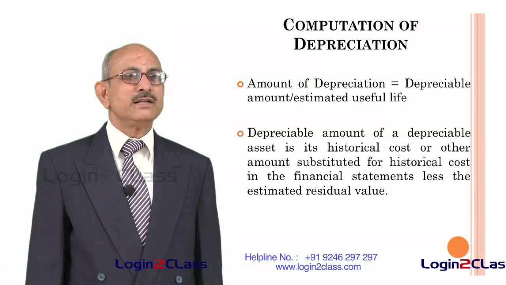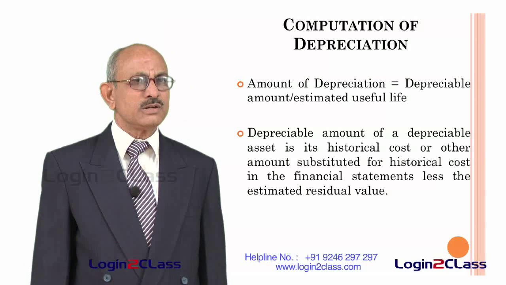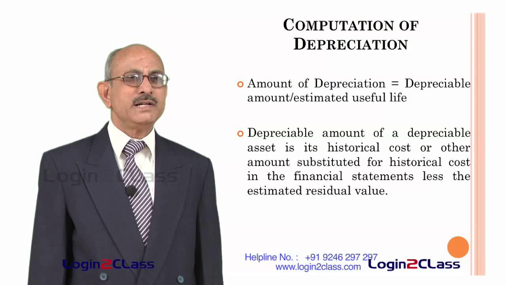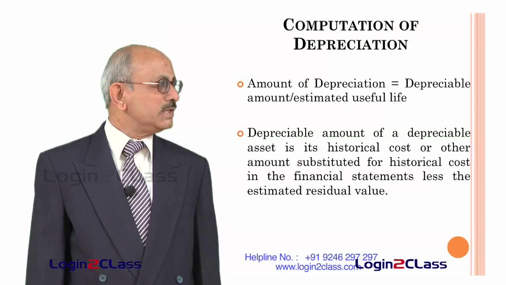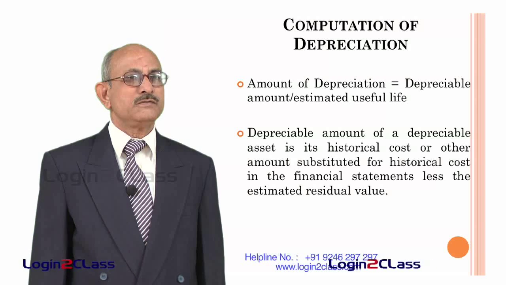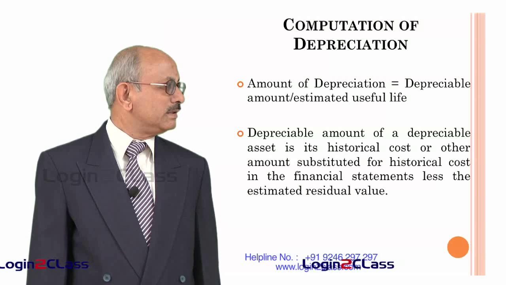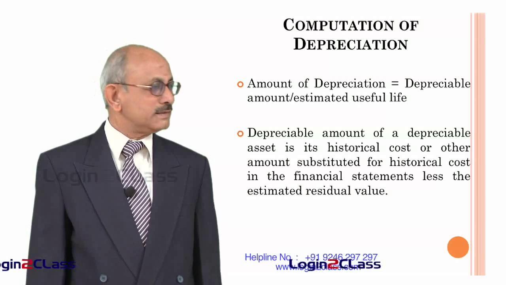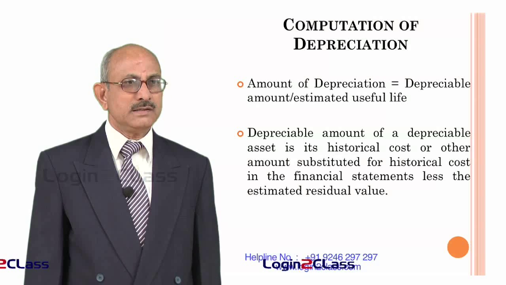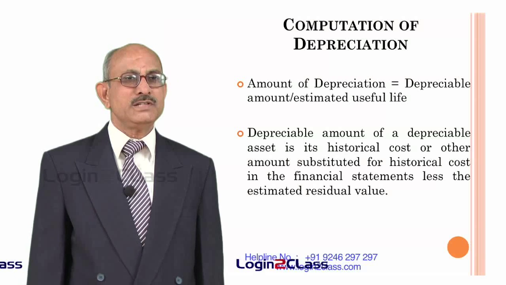So to put it in other way, amount of depreciation is equal to the historical cost minus estimated residual value divided by the estimated useful life of the asset. To illustrate this with an example, let us say there is a furniture which is bought for 1 lakh of rupees. That becomes the historical cost of the asset, and let us say it has got a useful life of only 10 years and it has no scrap value, the estimated residual value is 0.